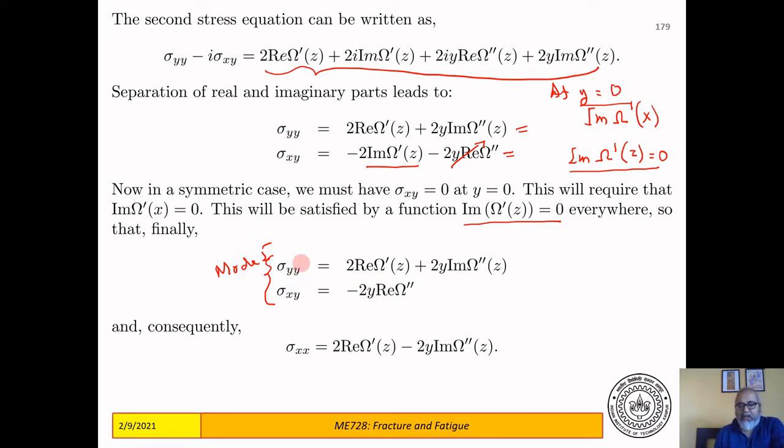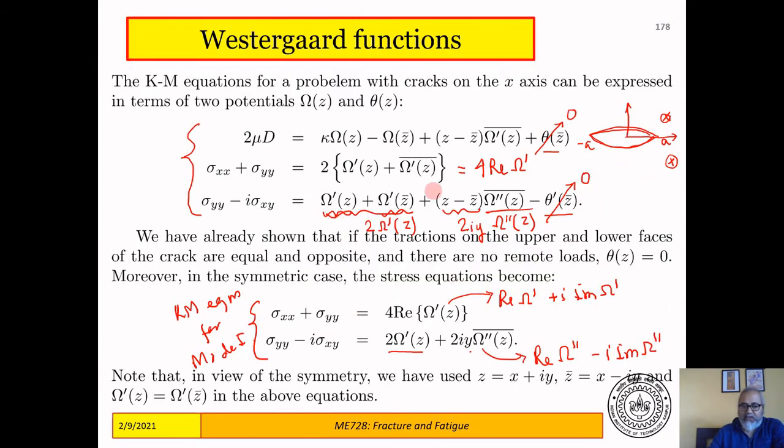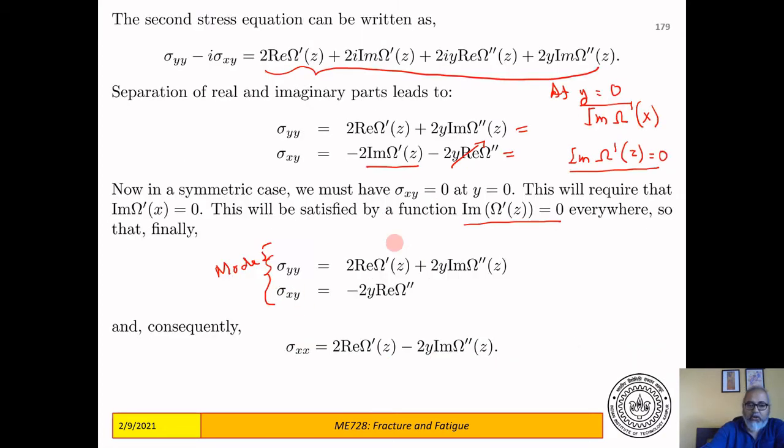Now sigma yy and sigma xy can be found from here, and then if you use the first Km equation, which is this one, and replace sigma y that we have already got from the second one, then we can get sigma xx as well. These are very easy calculations. Now look at this. We have these 2's appearing here. So we define a new function which is called a Westergaard function for mode 1.